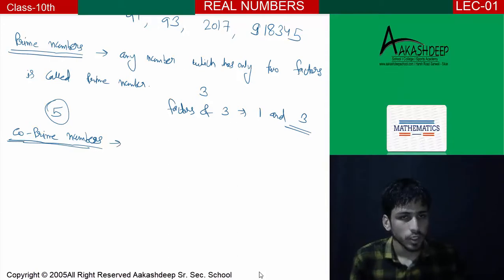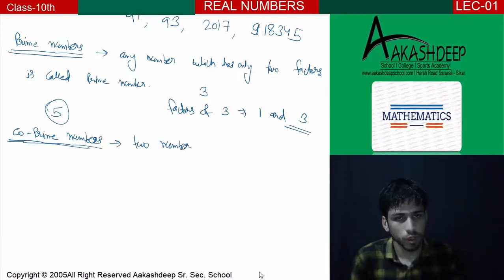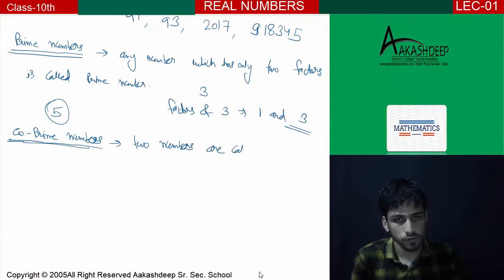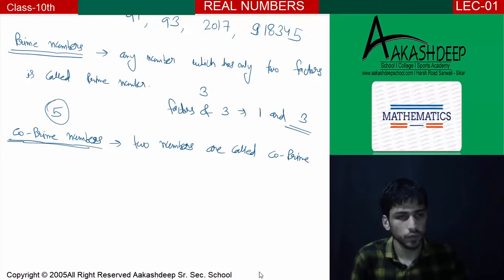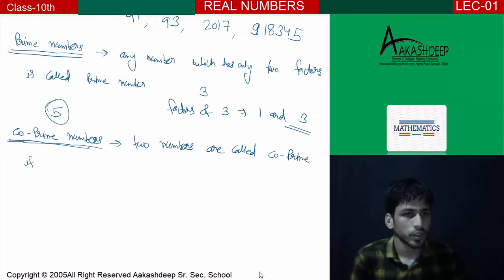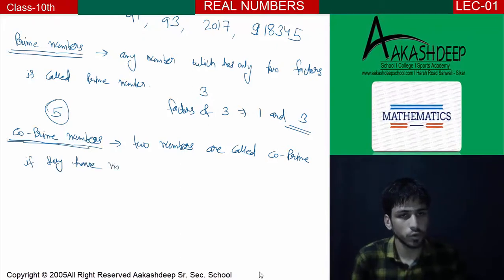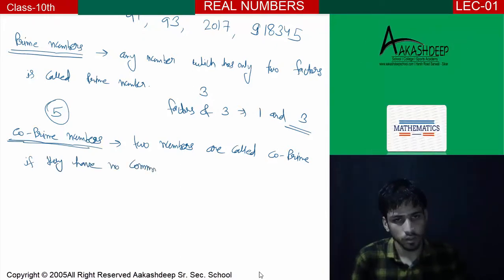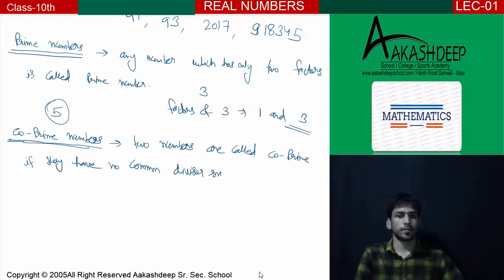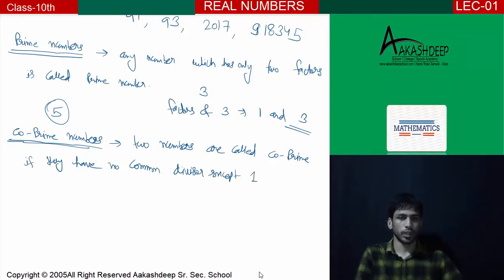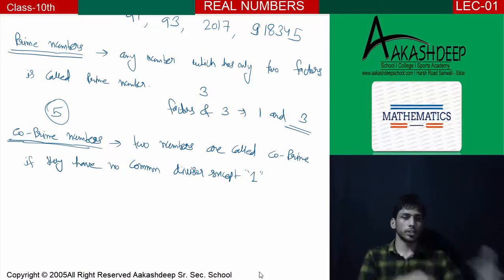It means two numbers are called co-prime if they have no common divisor except 1. It means 1 is the only number which can divide both numbers simultaneously.